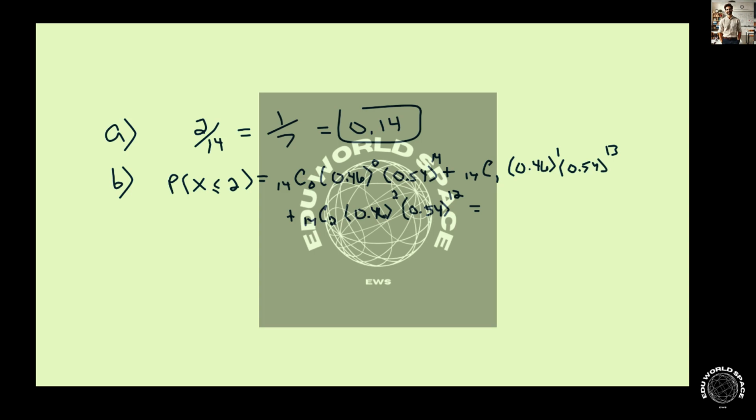you could also use a binomial distribution calculator, or even with decimals, there's a binomial distribution. If you go to functions and scroll down to binomial, and there are, in this case, 14 trials, and we know that the probability of success is 0.46. And if you were to click on CDF, then you can say from 0 to 2.